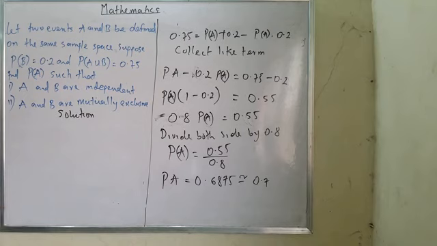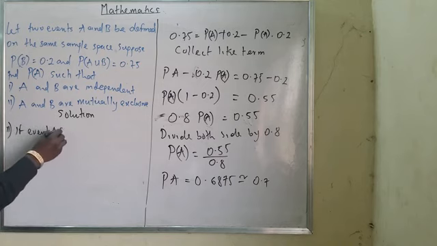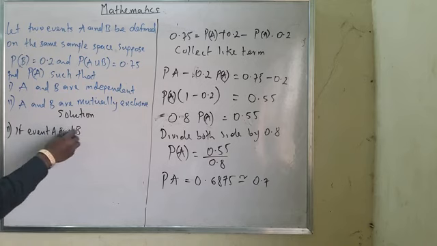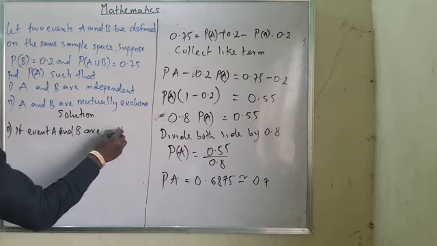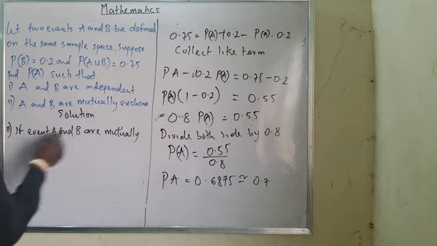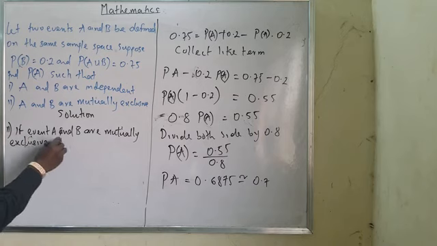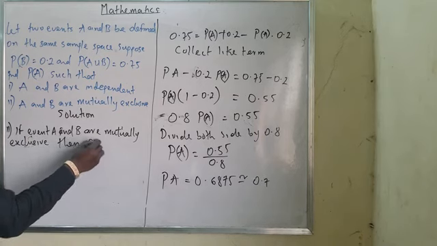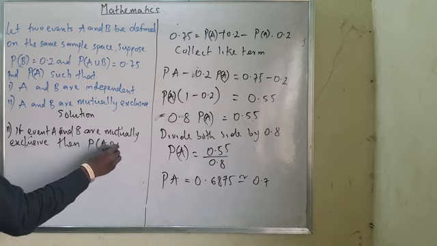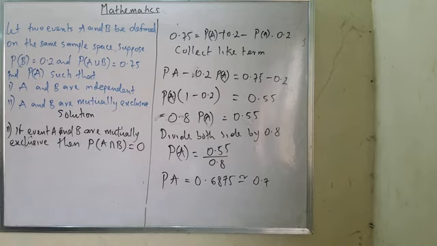Matthew says if events A and B are mutually exclusive, then the probability of A intersection B will be equal to what? It is 0, which is empty.